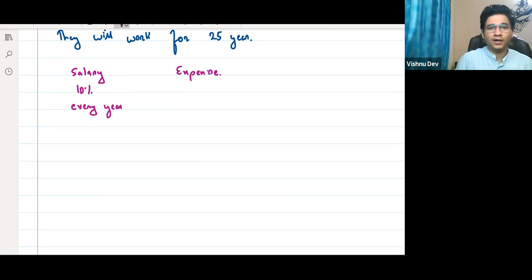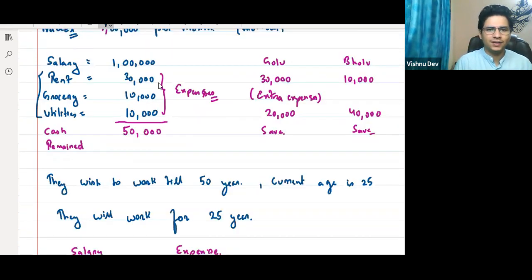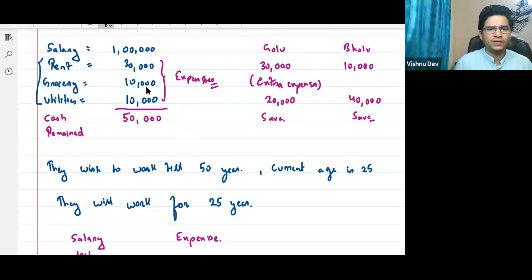But when you talk about expense, do you think that expense will also increase? Obviously, expense will increase. But I'm not talking about luxury, I'm talking about normal expenses, this 50,000 expense. This will also increase.